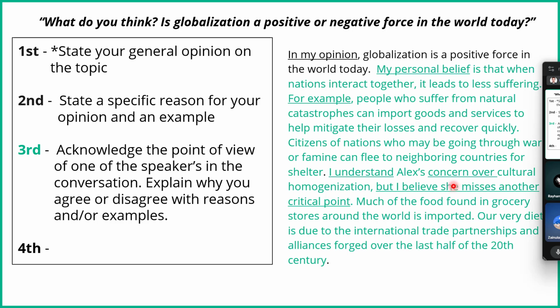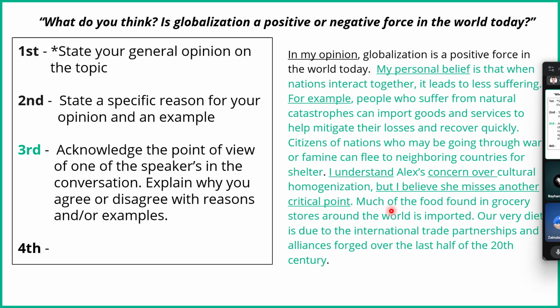So I understand Alex's concern over cultural homogenization, but I believe she misses another critical point. It means this is a disagreement. Here, the writer is expressing a disagreement because at the beginning, if you see, the writer has mentioned that it is a positive force. So it is trying to disagree with Alex.